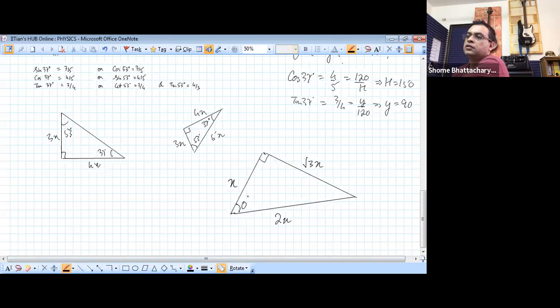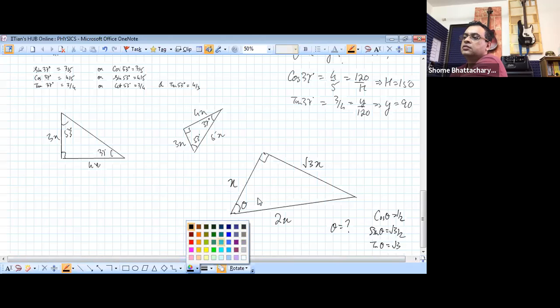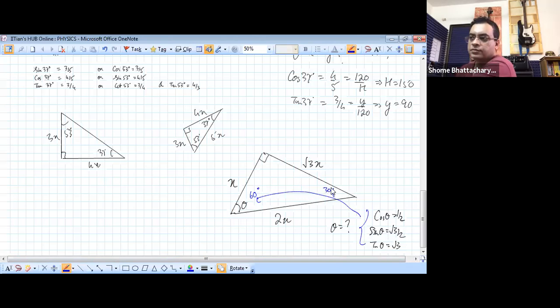If this angle is theta, you can see what theta should be. Okay. You can see that cos theta is half, sin theta is root 3 by 2, and tan theta is 1 by root 3. So from this information, the angle here will be how much? This angle will be 60 degrees, and therefore this angle will be how much? It will be 30 degrees.